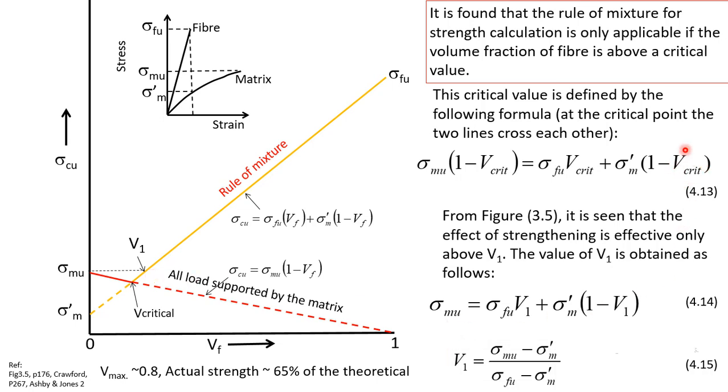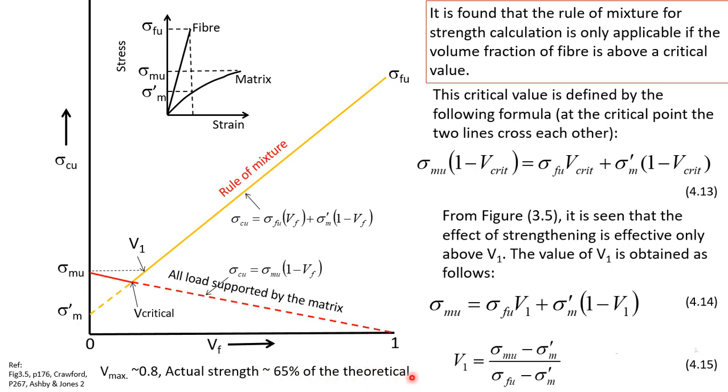So we should be able to find V critical, V1, and also the strength of the composite using this equation. It has been observed that the maximum volume percentage of fiber can be up to 0.8 when we get good strengthening, and the actual strength of any composite is about 65% of the theoretical value.